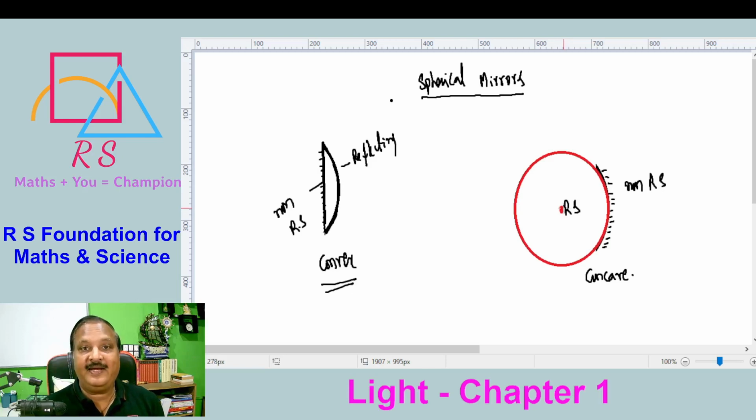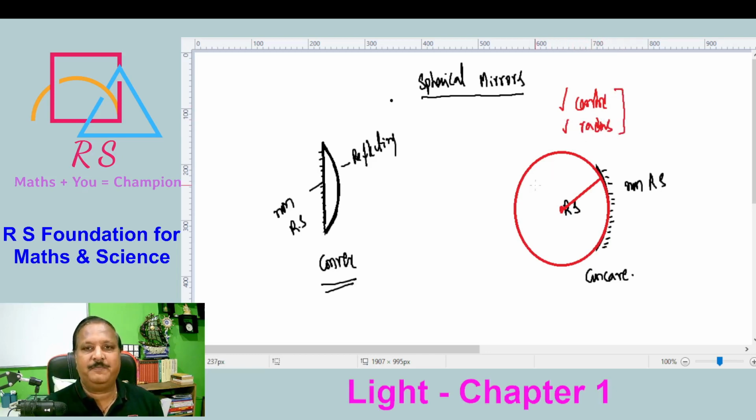Okay, and because the center is there, radius of curvature also will be there. You take any point on the mirror, then the distance between the point on the mirror and the center of curvature is known as the radius of curvature. So center of curvature and radius of curvature.